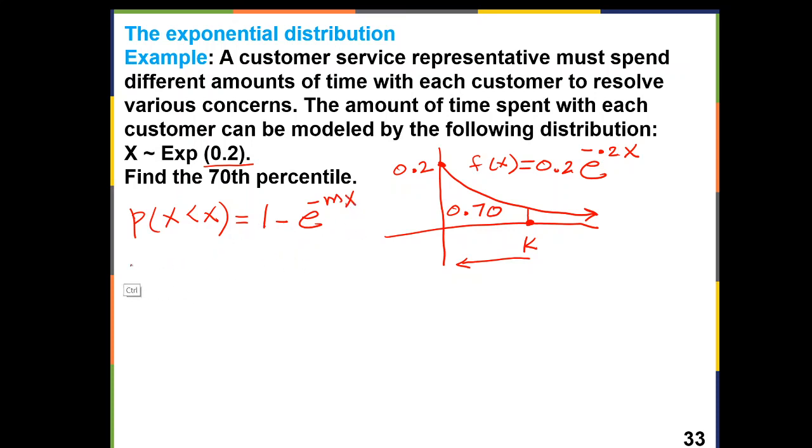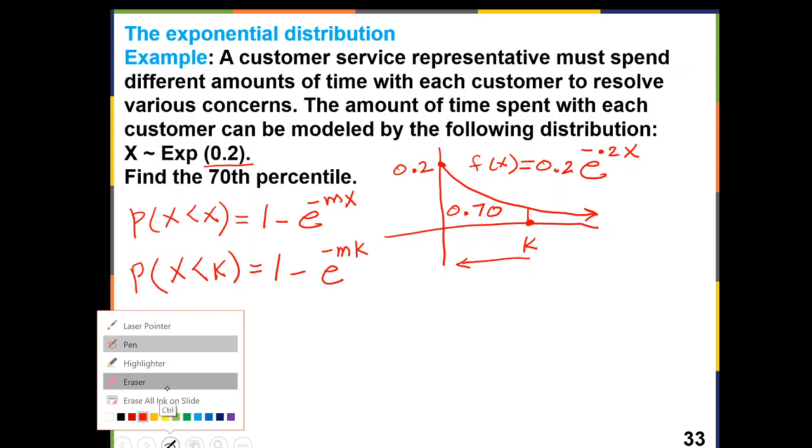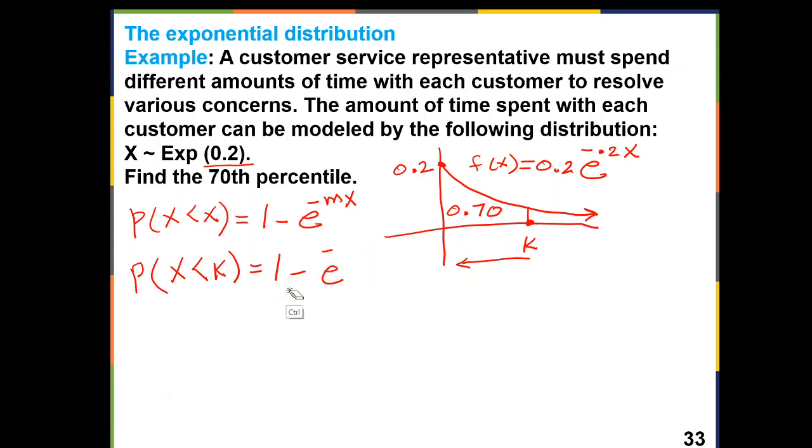So the probability that x is less than k is going to be 1 minus e to negative mk. Now, what is m in this problem? Why not put m if you know what it is, right?